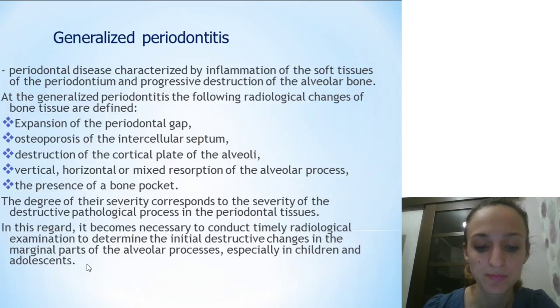You should remember this information because we can see expansion of the periodontal gap and osteoporosis of the intercellular septum, destruction of the cortical plate of the alveoli, and a vertical or horizontal or mixed resorption of the alveolar process, and the prevalence of a bone pocket. The degree of their severity corresponds to the severity of the destructive pathological process in the periodontal tissues.